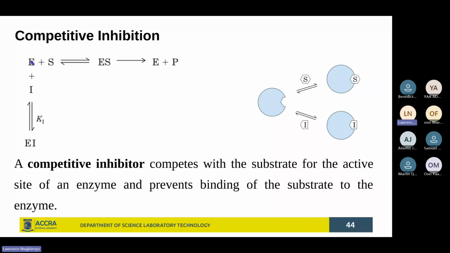But if you look at the reaction written vertically, the enzyme binds to an inhibitor I and gives you the enzyme inhibitor complex, EI, and that causes a blockade of the enzyme. And so the enzyme is prevented from interacting with the substrate.